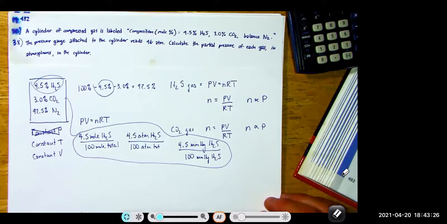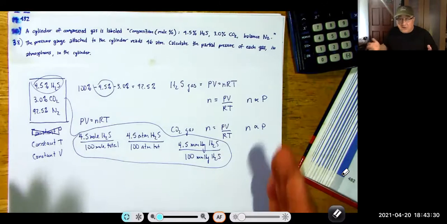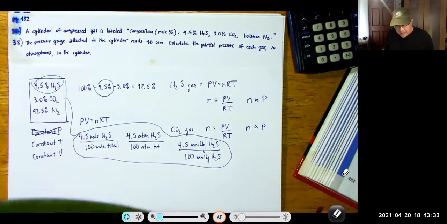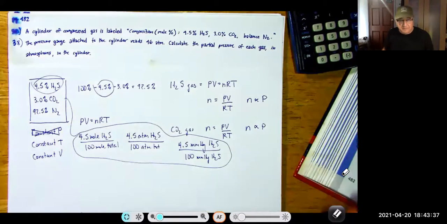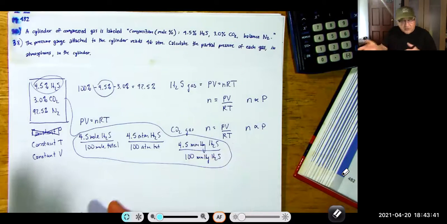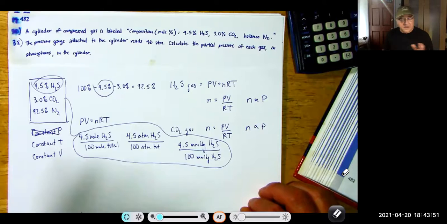The fact they're all in the same container means they're at thermal equilibrium, which means they're all the same temp. And if they're all in the same container, they all have the same volume because they all have molecules that can bounce around in the whole of the container. So it's kind of like if I stick you into a room with another person, you get to go all around that room, don't you?